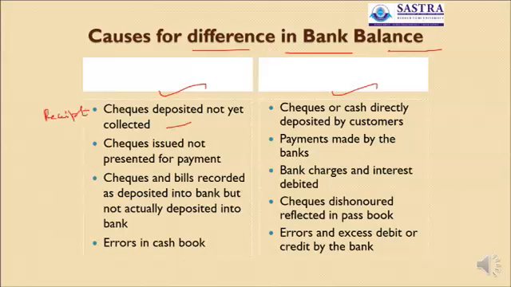And checks issued not presented for payment recorded in cash book as payment. And checks and bills recorded as deposited into bank but not actually deposited is a receipt. And errors in cash book may be either plus or minus, on the receipt side or payment side, that happens.